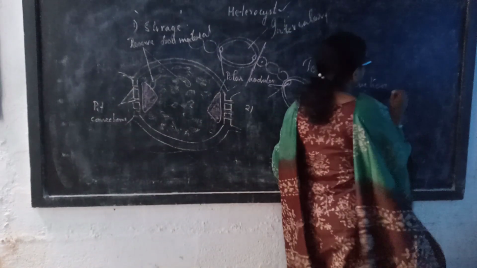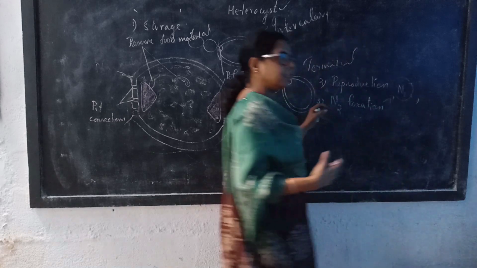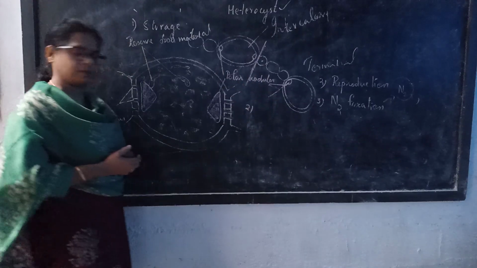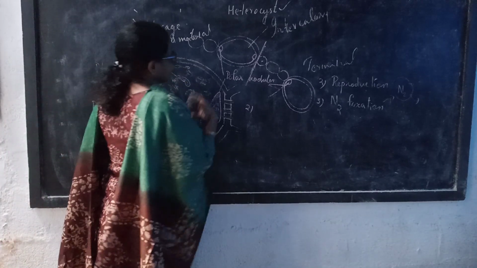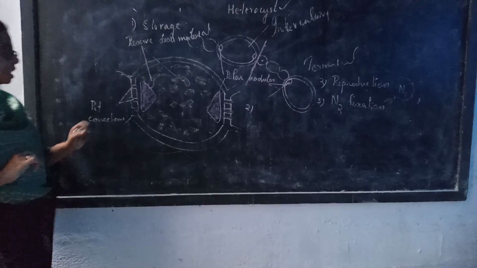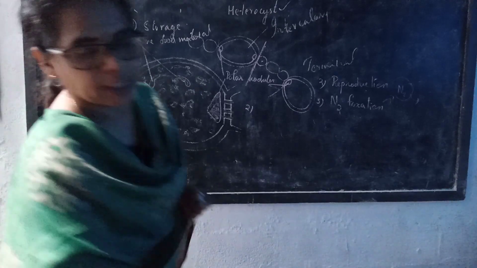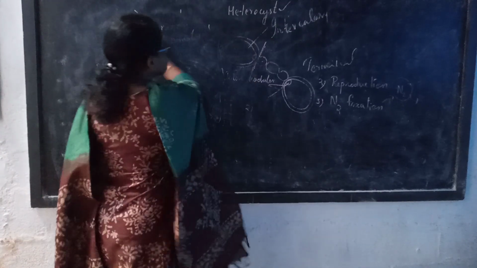What is nitrogen fixation? The molecular, atmospheric nitrogen is converted into absorbable forms, nitrates, ammonium, etc. So these are the very important functions performed by heterocyst. So heterocyst is a very important structure.